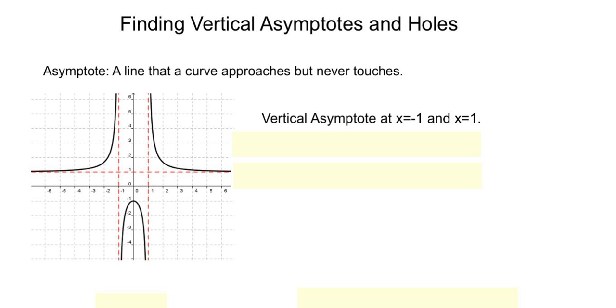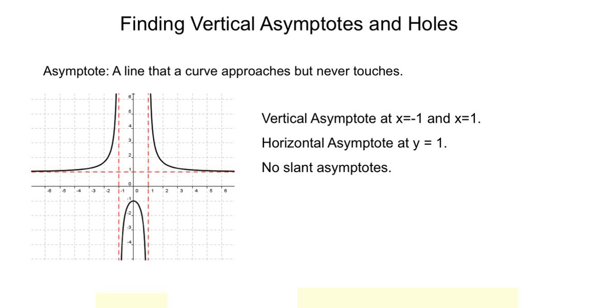And the horizontal asymptote, of course, is at y equals 1, which is right here. And there are also no slant asymptotes. We're not going to learn about that, but it is possible to have slant asymptotes.